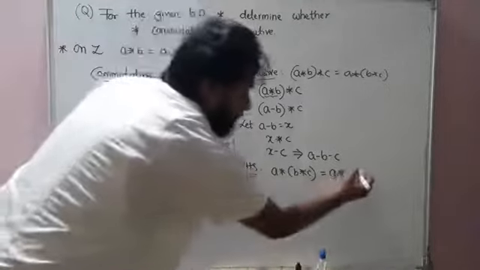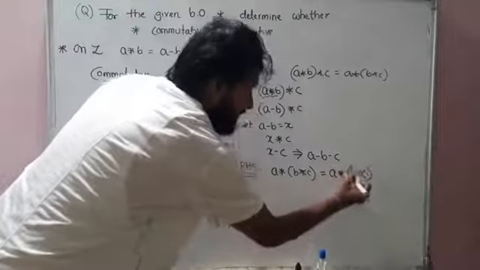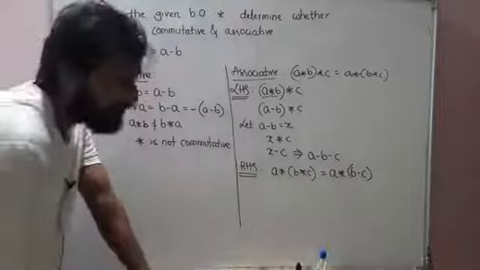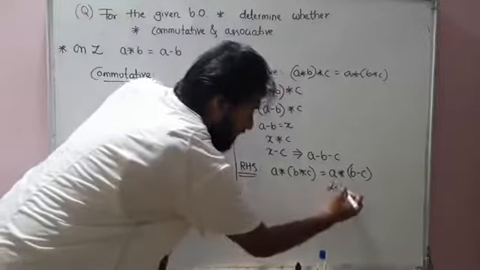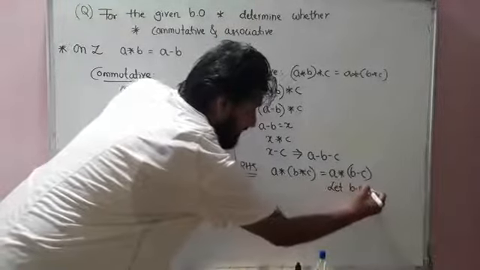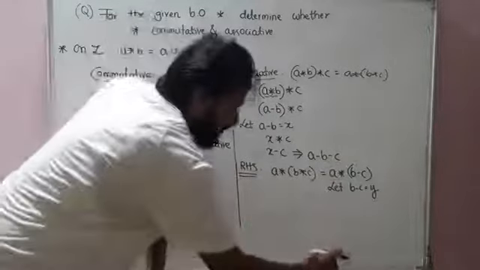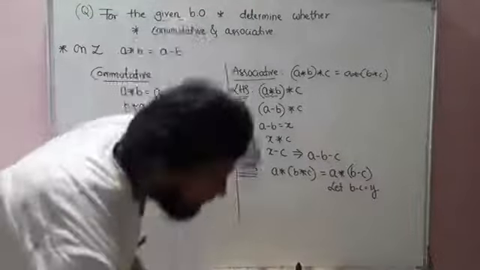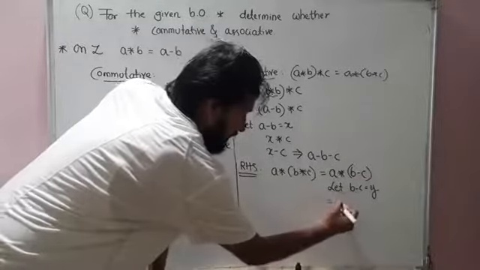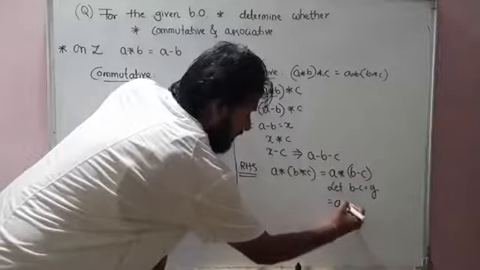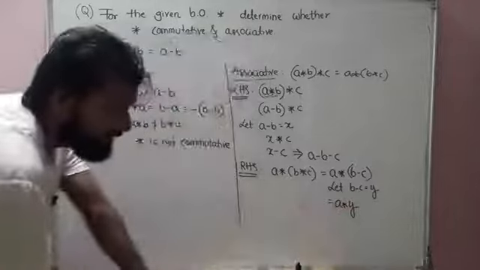Yes or no? So this is b minus c. Again, for the time being, what I'll do is I'll let b minus c be y for the time being. Okay, so this will become a star y. Yes or no?